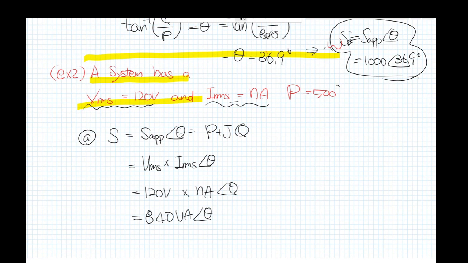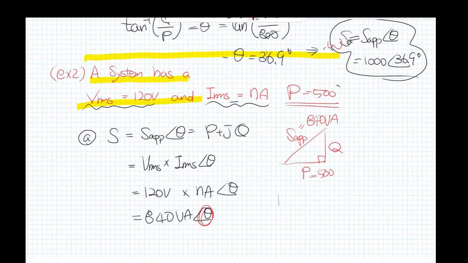Before we find the Q value, the P value was given, right? This is P, Q, S sub APP. S sub APP is 840 VA, and P is 500. Do you remember P square plus Q square is S sub APP square? So Q square is S sub APP square minus P square.